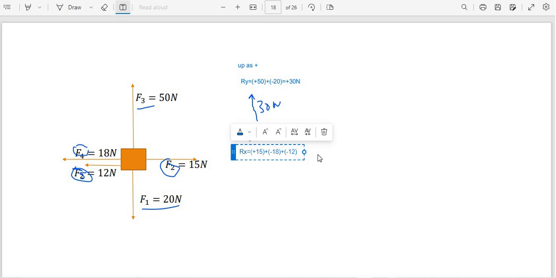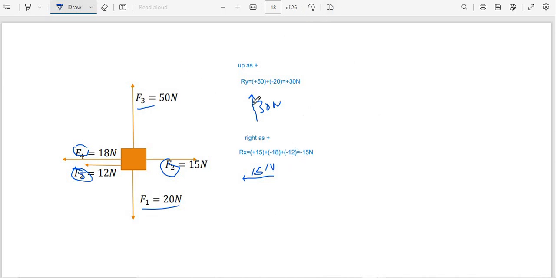If I sum those together, I get an answer of negative 15 newtons. So what this means is the resultant along the x direction will be 15 newtons towards the left. Okay, the first 3 steps have been completed.